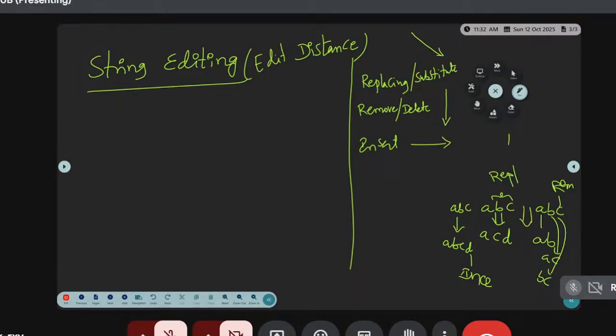Three. Write down here, in brackets: insert, and the second operation, remove or delete, as we can call it, and the next one, replace or substitute. In brackets, insert, comma, remove or delete, comma, replace or substitute. Bracket close.